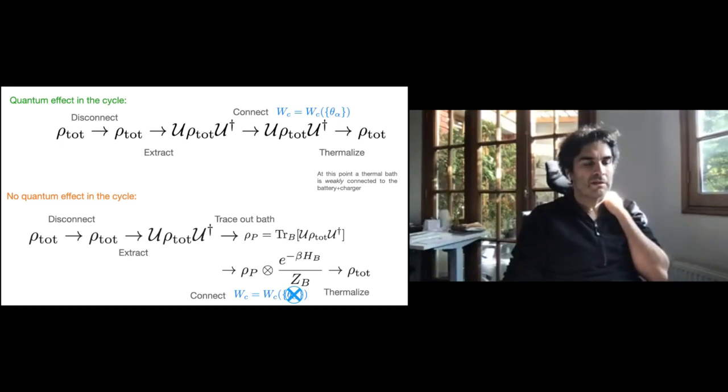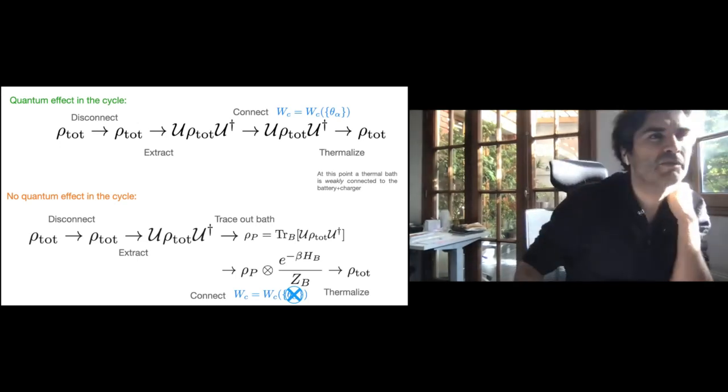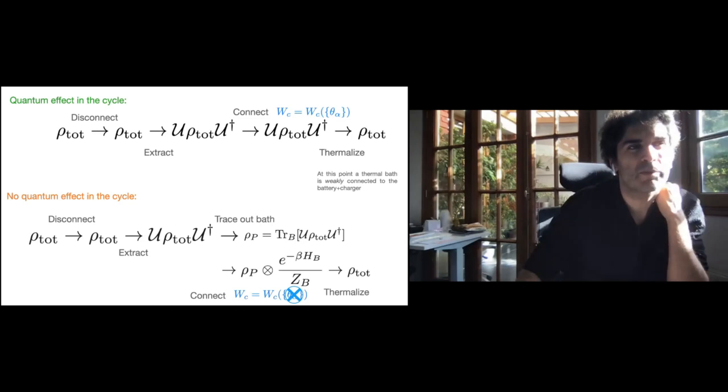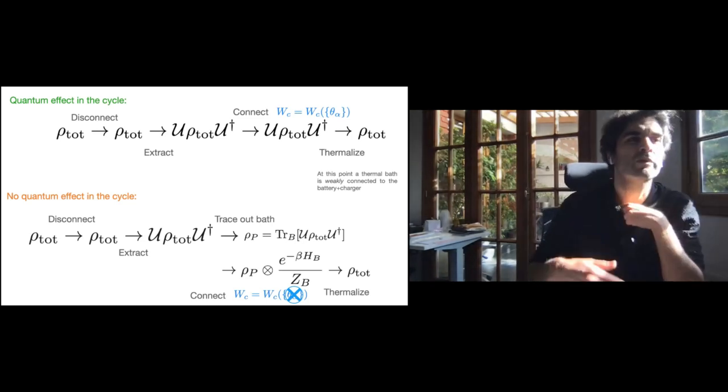So what is the role of the super bath then? The super bath just plays a role here at the end, to change this state to a new thermal state. It's an auxiliary, not very important. It's important just in this final step if we want to restart the cycle.